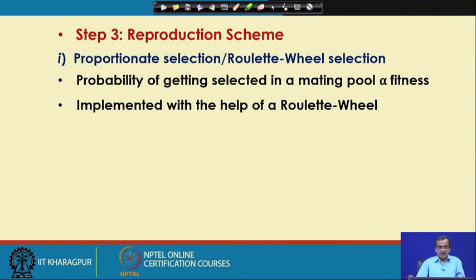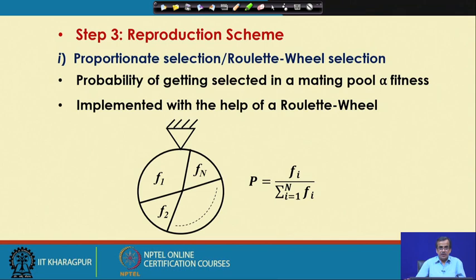This Roulette-Wheel selection or proportionate selection is implemented with the help of one Roulette-Wheel. Now, I am going to discuss the principle of this Roulette-Wheel. Here we have a fixed pointer and the Roulette-Wheel.